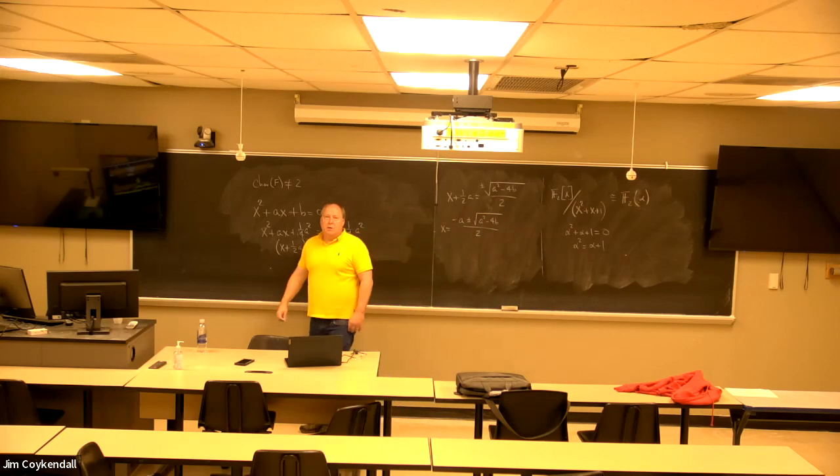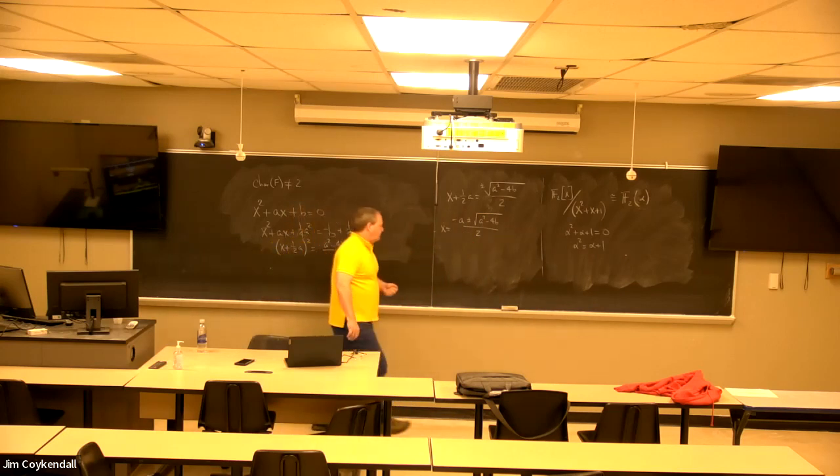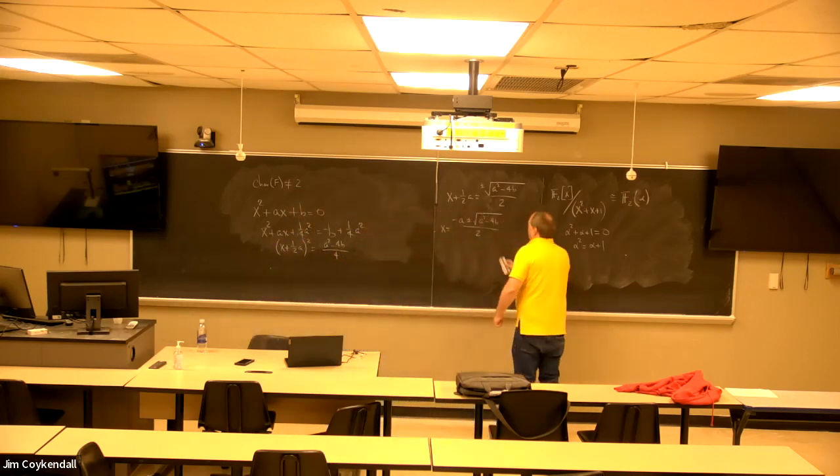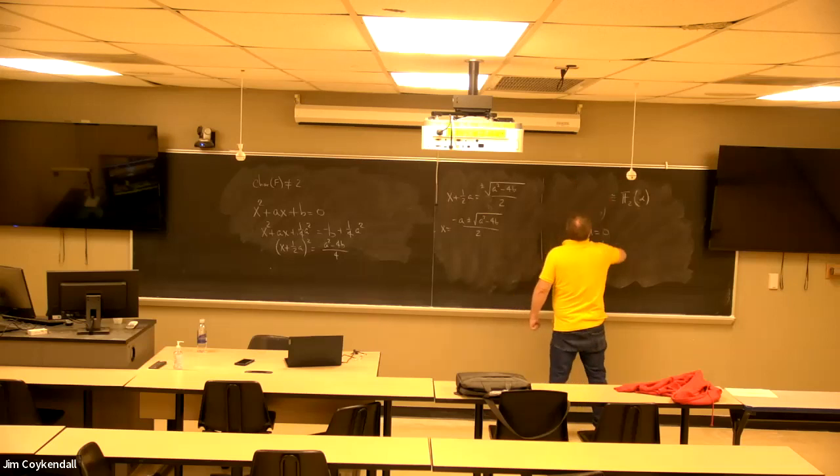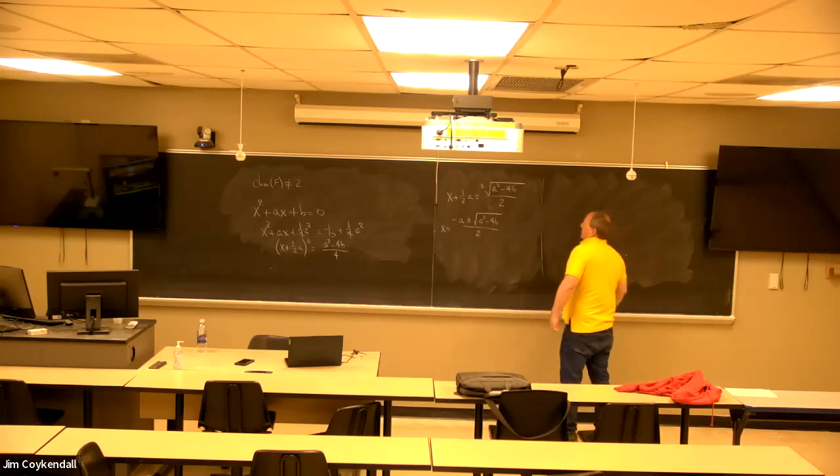So notice that we are able to get a solution to this in terms of what we call radicals. And this radical is a solution to x squared is something.